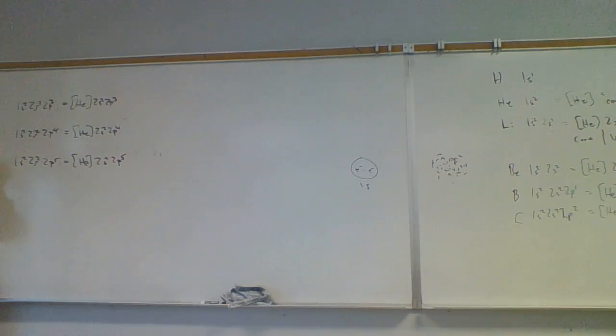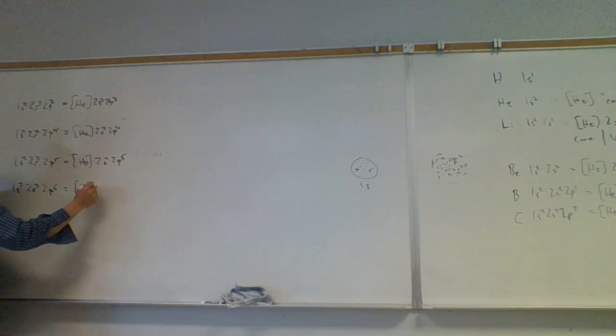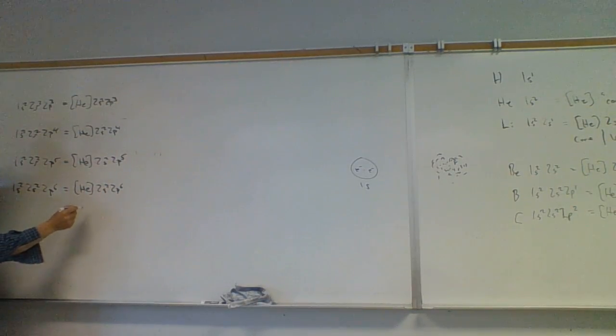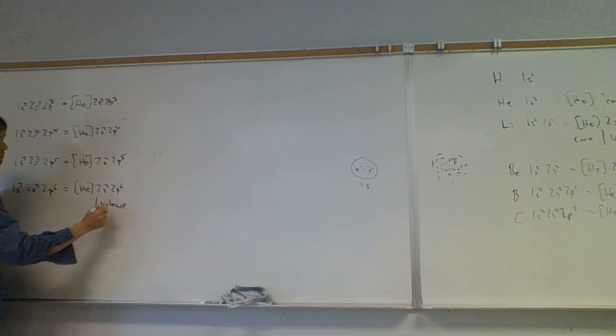Oxygen to fluorine, sorry. Fluorine has 7 valence electrons. And then finally, when we hit neon, we've got 1s2, 2s2, 2p6. The helium core is filled, but also its valence is filled. If you look at the valence shell, it's a filled valence shell.